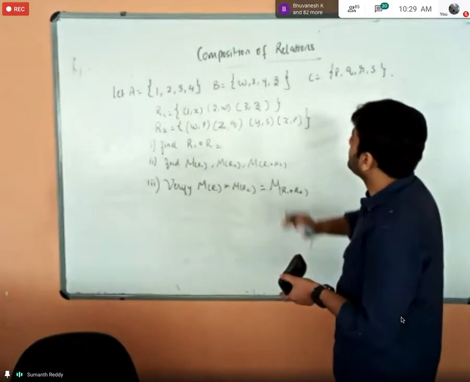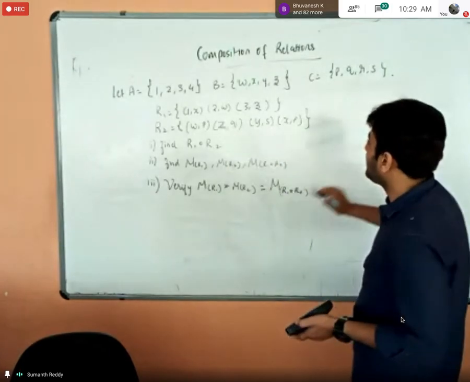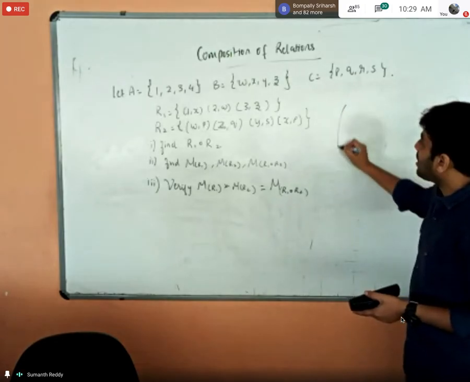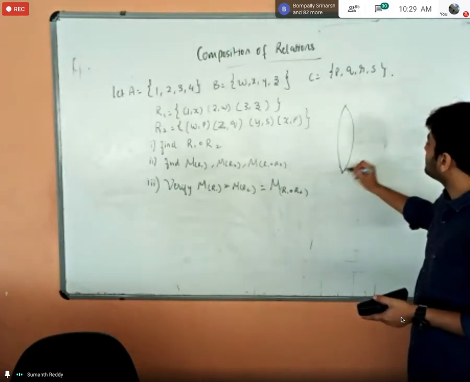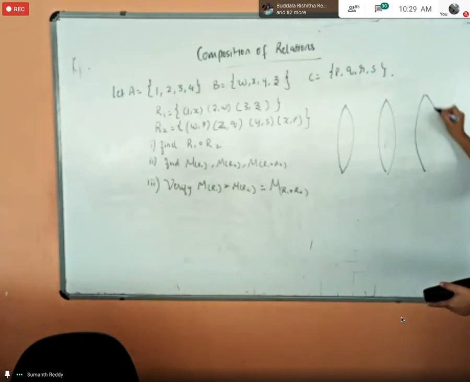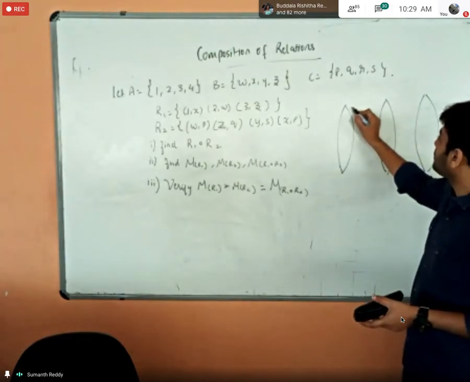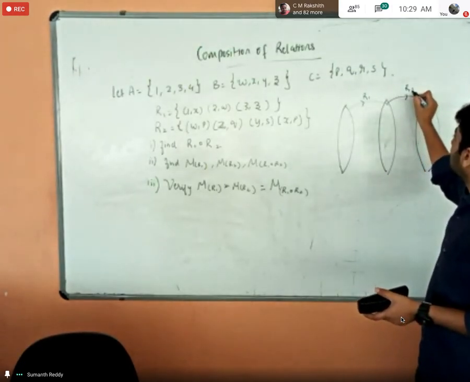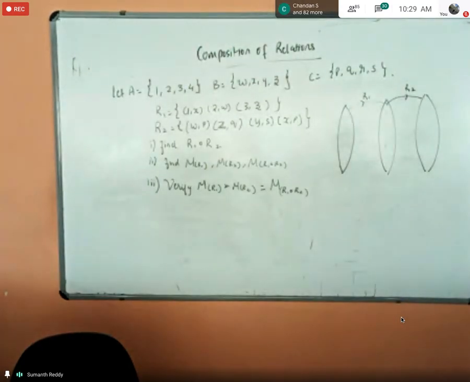So R1 composition of R2, first I need to find. I'll write it here. Actually, as I have told you, since it is not a binary relation, you have to be very careful with regard to the sets. R1 is a relation.